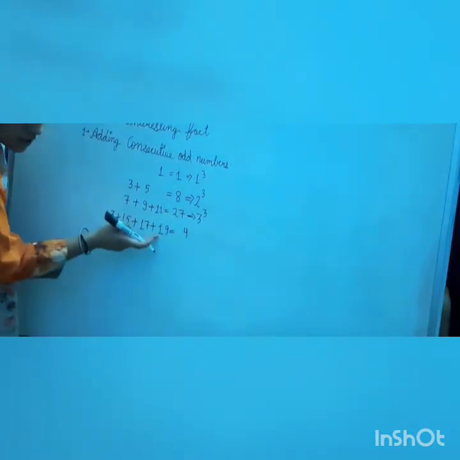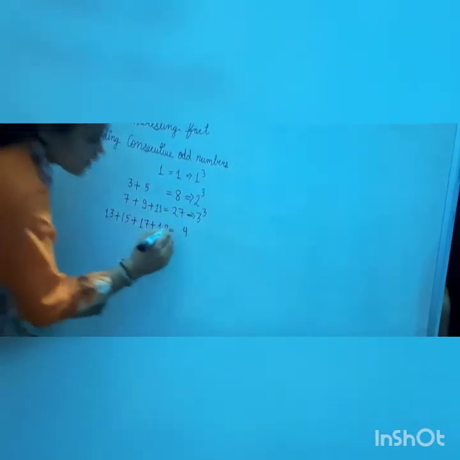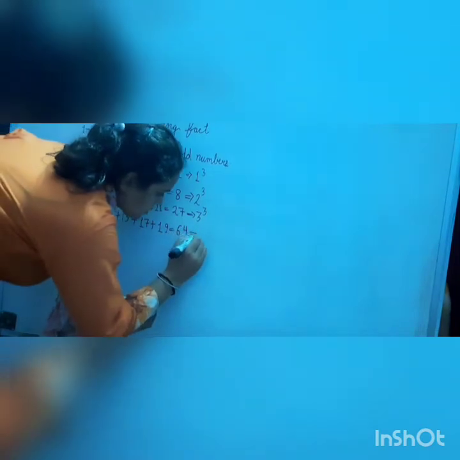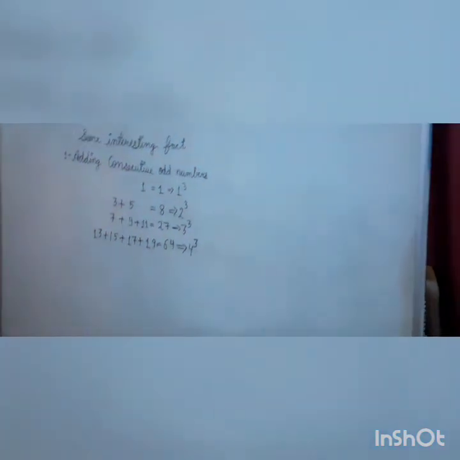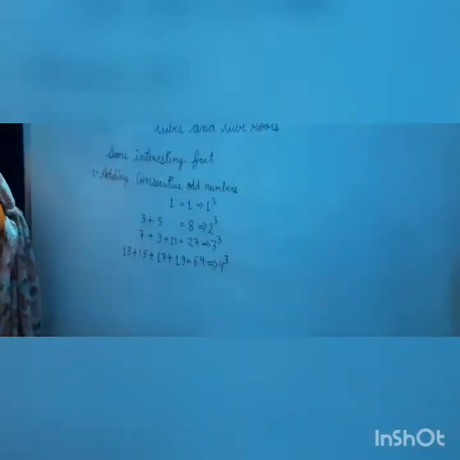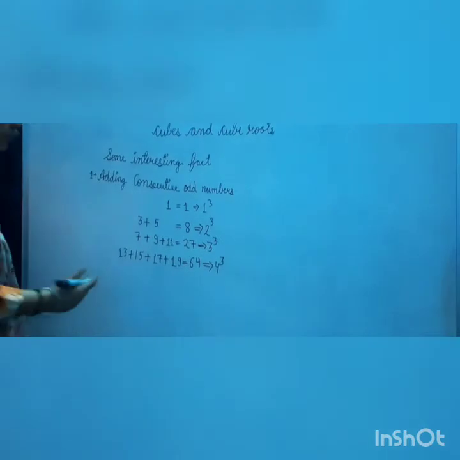So it will come 4, carry 2, plus 1 is 3, 4, 5, 6. It comes to 64. You know that 64 is the cube of 4. So it will be 4 to the power 3. Okay class. Now you can find 5 also. How?